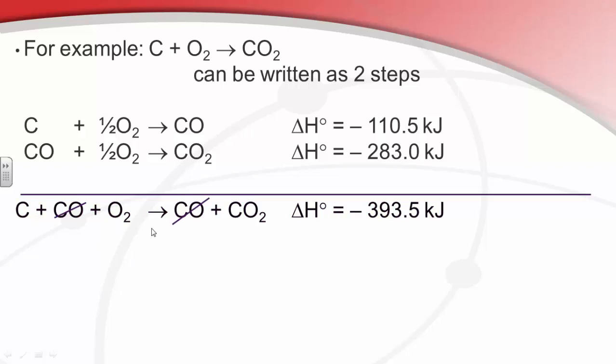So we cancel this reagent that's on both sides, and then we're left with the reaction that is our target. So we've used two steps to get the energetics for a single step reaction.